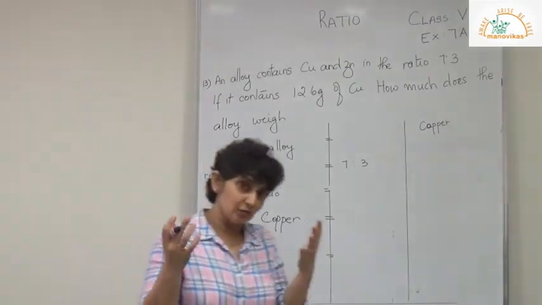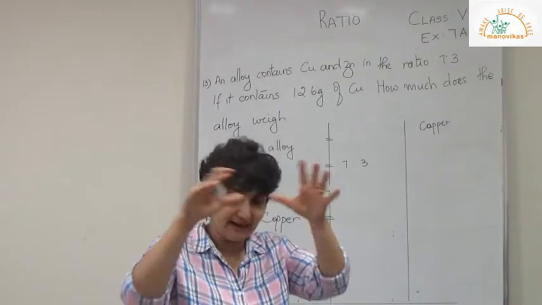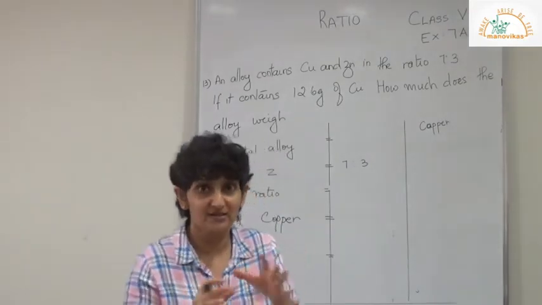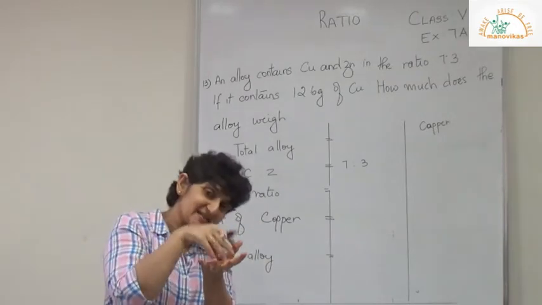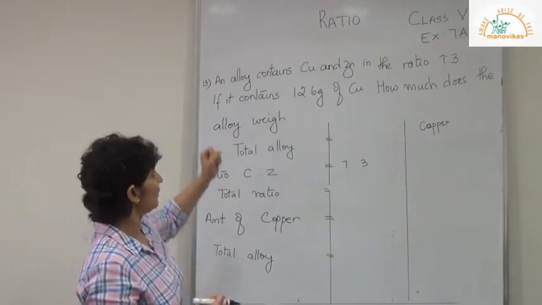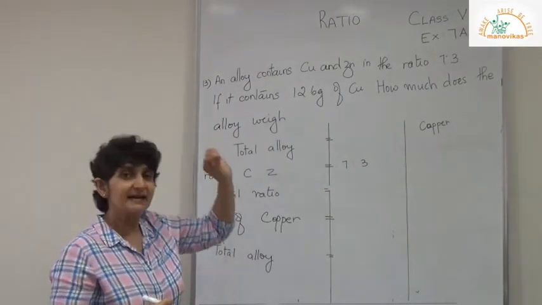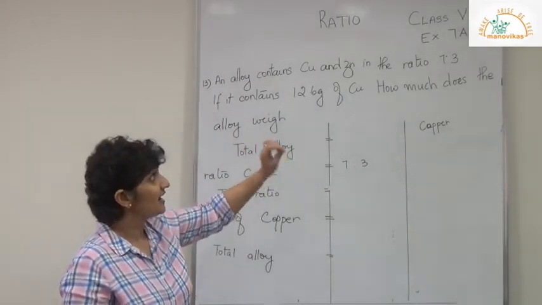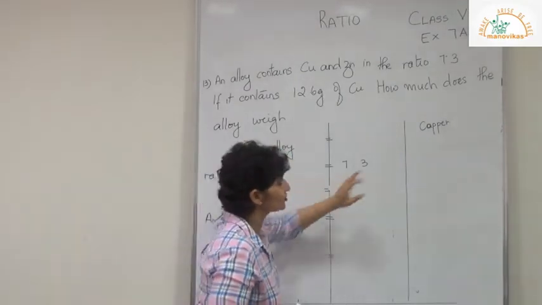An alloy. You know in chemistry you've already learned an alloy is a mixture of metals. Total, whatever is there, inside that I have copper and zinc. Now they are saying an alloy contains copper and zinc in the ratio 7:3.